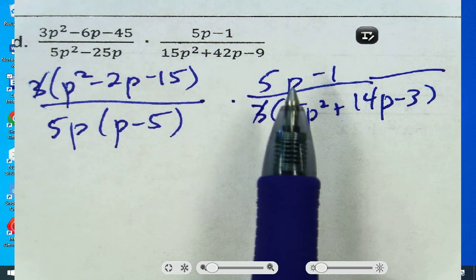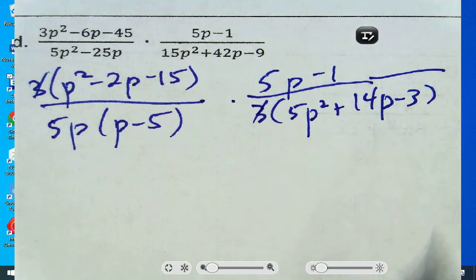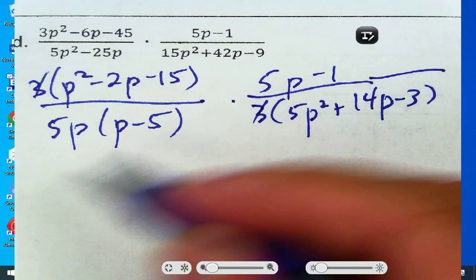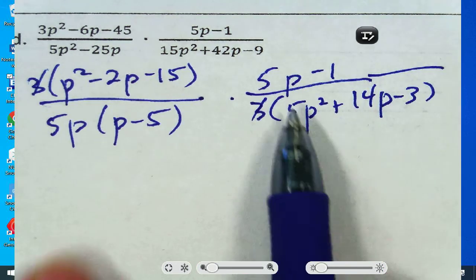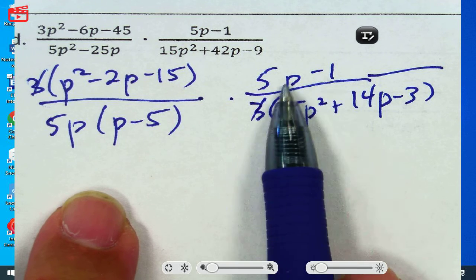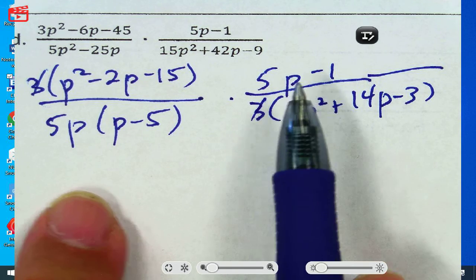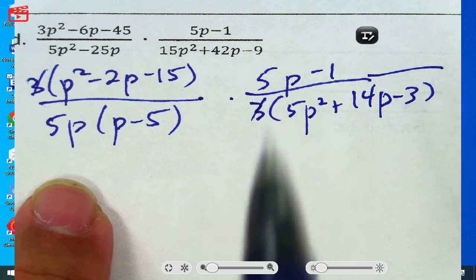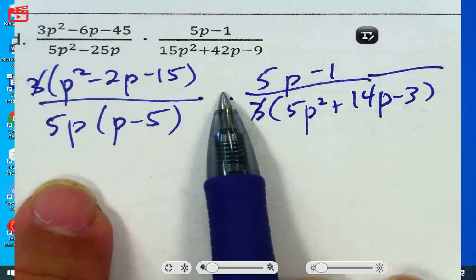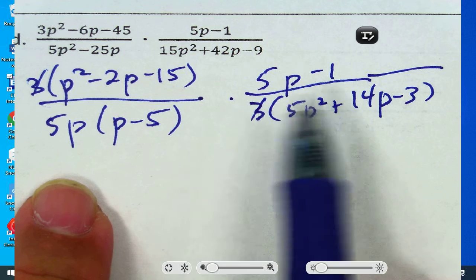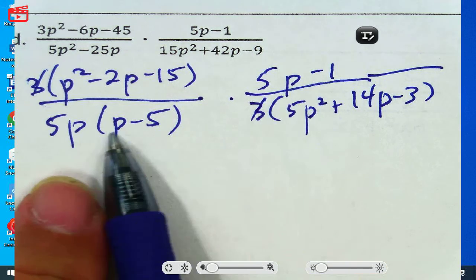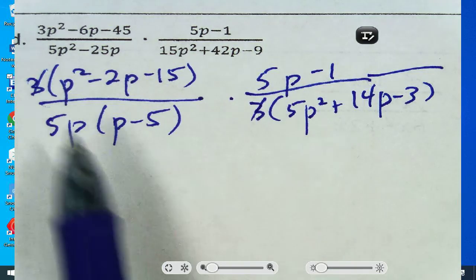So if I had a plain old 5 up here, like I had parentheses and a 5 outside, then I could cancel the 5. But this 5p minus 1, they're actually still together. So you cannot cancel these two 5p's. Okay? Remember, I said you can cancel only across multiplication. It cannot be part of that minus sign here. So you cannot cancel that. Alright, so only the 3's can cancel.